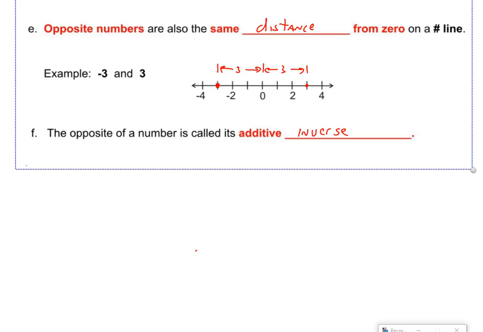Example, the additive inverse, or the opposite of -12 would be what? 12. Is 12. So just stick 12 in that blank, right? So 12 and -12 are opposite numbers. 12 is the additive inverse of -12. -12 is the additive inverse of 12.